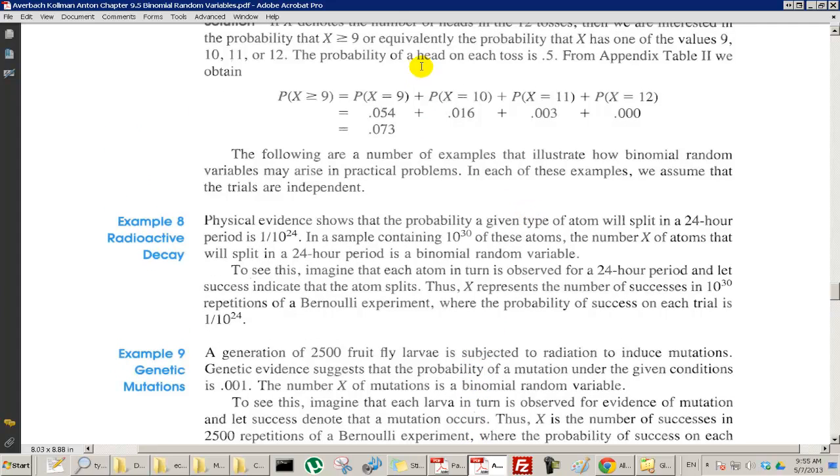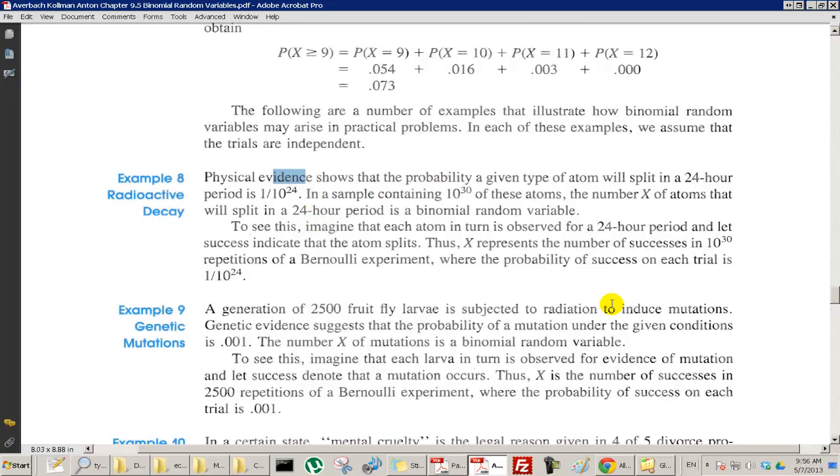So actually we're going to call each of these a success. Getting a head we're going to call success. Having a split occur we're going to call a success. We need to call it either a success, one of them, either getting the head or getting the tail, success. The other one would be called a failure. Having a split could be called a success, and not having a split would be a failure.